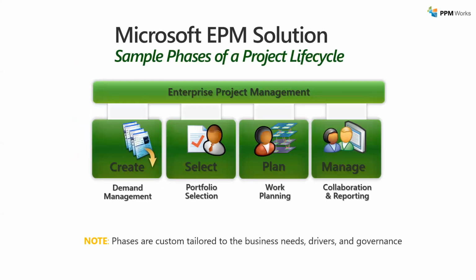Now this, in the life cycle of the evolution of the tool, has been around for a bit. The process and how you actually do it and the hooks into it is kind of new, and we're going to show you some of those today. So when you're getting into EPM solutions around the life cycle, this is just a sample, my friends. If we go from demand management, or creation of an idea, then we have to go somewhere. Does everything that people ask for always get done, or is this a wish list or dream project that might come in?